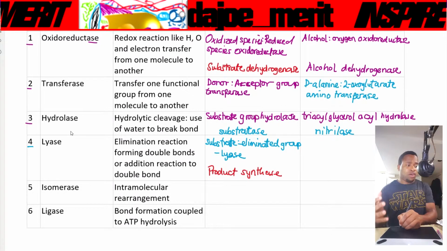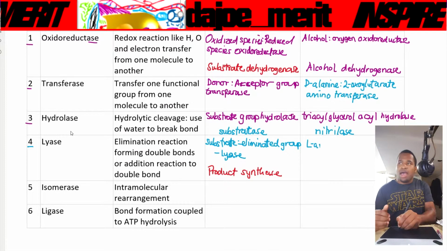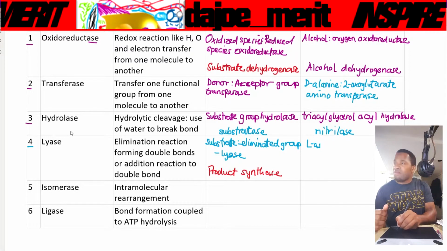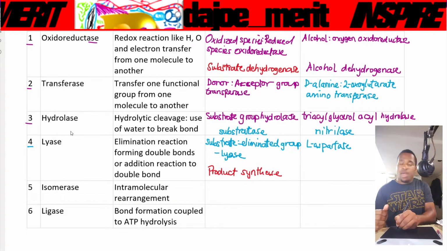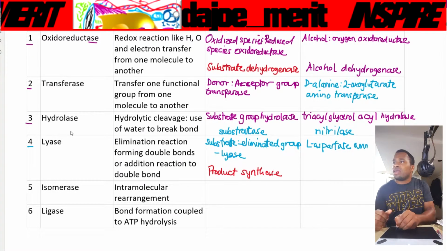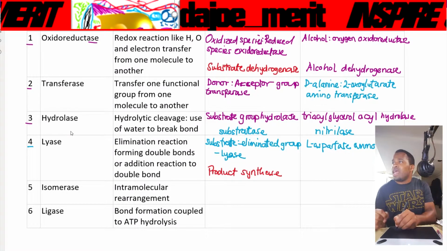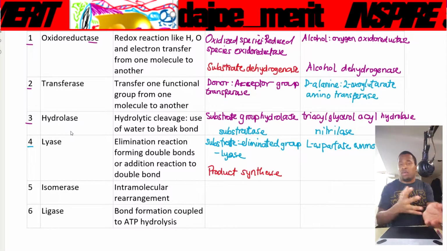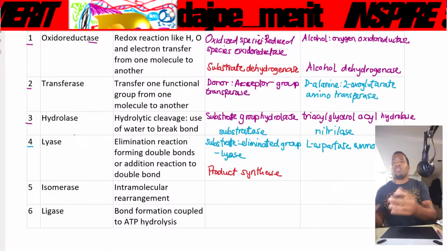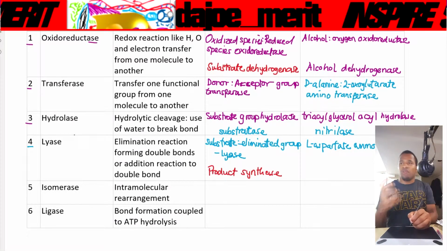So an application of this is L-aspartate, and this aspartate is going to have the eliminating group to be ammonia, and as a result it performs a lysis in a way, or I would say the lyase is an enzyme that does the elimination of ammonia from the L-aspartate compound right there.